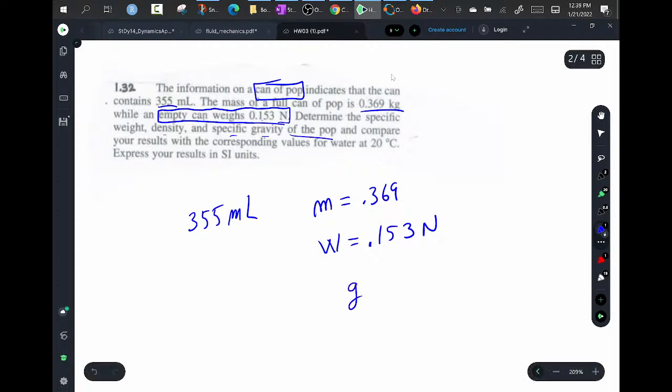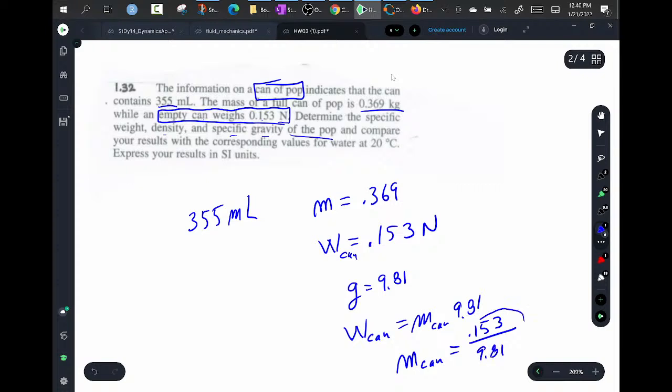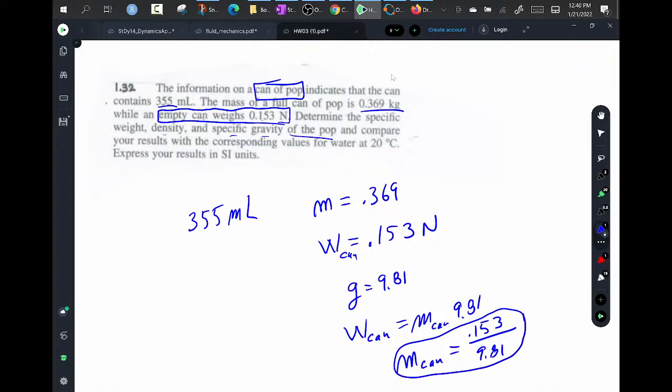Okay, now here's your deal. I'm going to assume g is equal to 9.81, and the weight of the can is equal to the mass of the can times 9.81, which means the mass of the can would equal 0.153 newtons divided by 9.81. Then you'd take that, that's the mass of the can, the aluminum part of the can. The mass of a full can of pop is that.